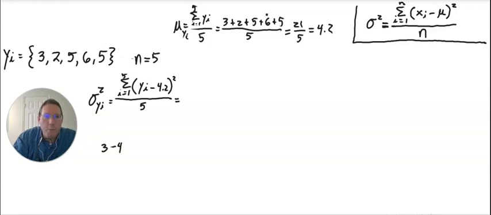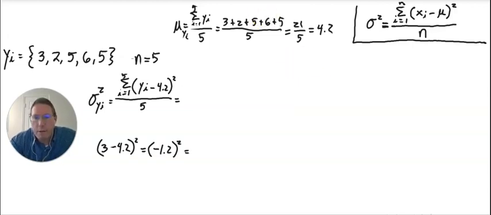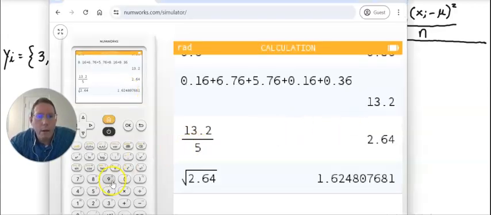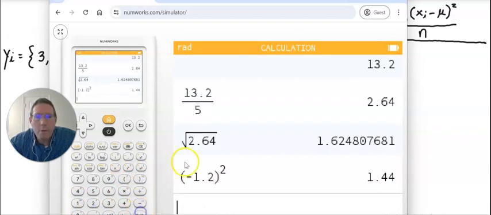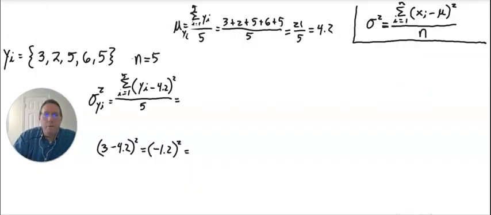We're going to subtract 4.2 and then square that. Well, 3 minus 4.2 is negative 1.2. We square that, and that gives us, let's go to the calculator here, parenthesis, negative 1.2, close, square, equals 1.44.